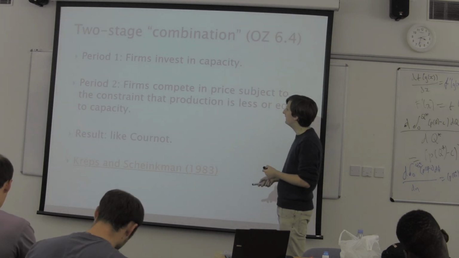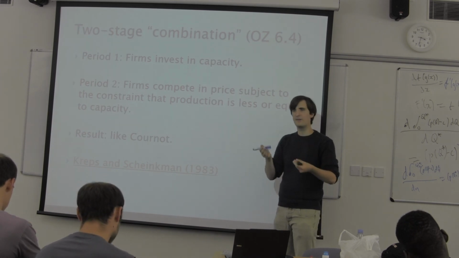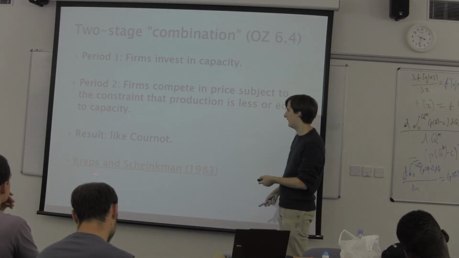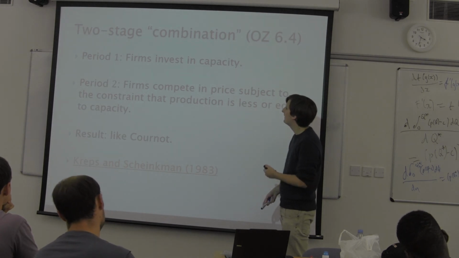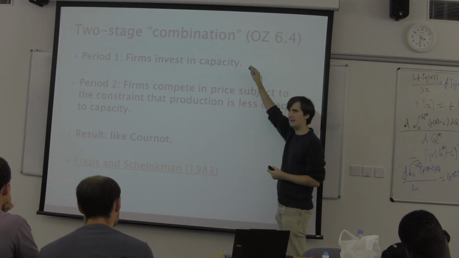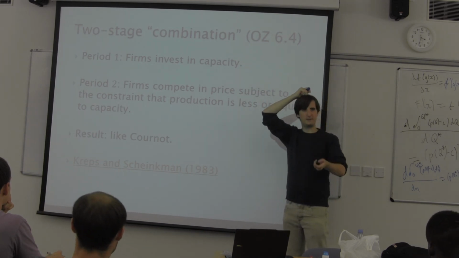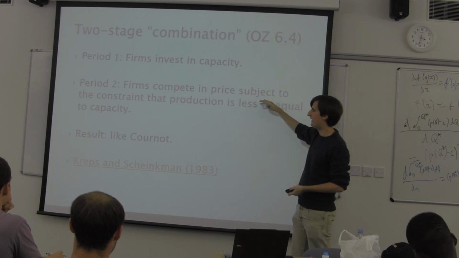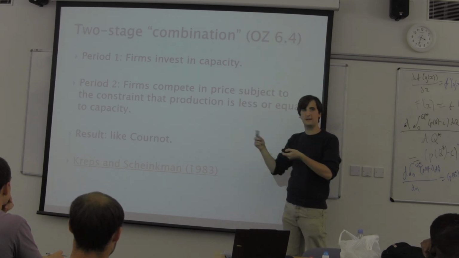So what we're going to look at is a two-stage combination, if you like, of quantity and price setting. And it's due to a very famous paper by Kreps and Scheinkman. So in the first period, firms are going to invest in capacity. They're going to be able to produce any quantity up to their capacity. In the second period, they're going to compete in prices, subject to the constraint that production has to be less than capacity.